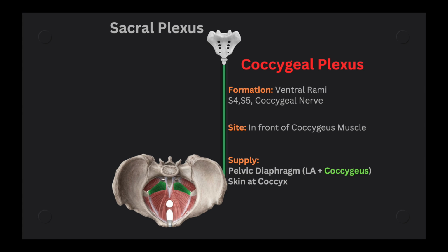Now, one thing you might have noticed here is that S4 is common to both the sacral and the coccygeal plexus because of its location. The site of this coccygeal plexus is the coccygeus muscle. It runs in front of the coccygeus muscle, and I hope you remember where the coccygeus muscle is. The coccygeus muscle is at the upper border of the levator plate or levator ani muscle.